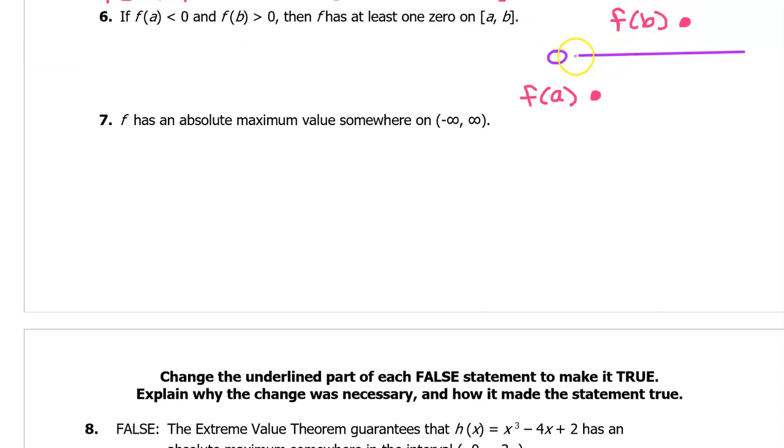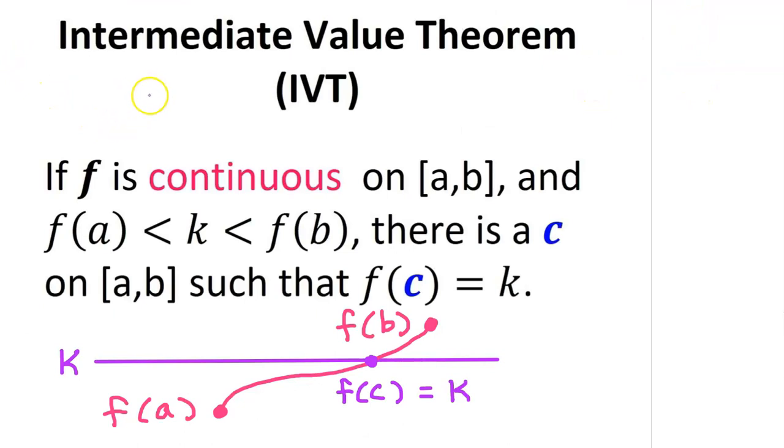If the value of 0 is between f at a and f at b, then if f is continuous, we are guaranteed that f will hit 0 at some point between a and b. Hopefully you are recognizing this as an example of the intermediate value theorem. If f is continuous on the closed interval from a to b, and if f at a is less than k, which is less than f at b, there is a c where f at c is equal to k.